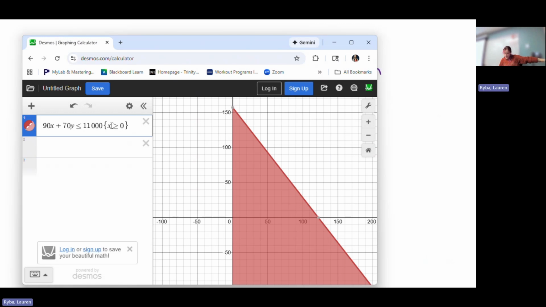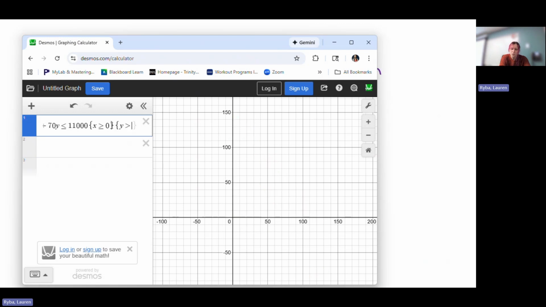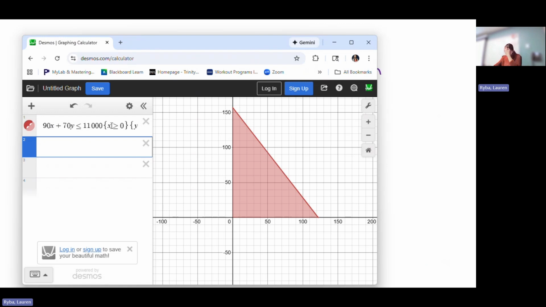Now I'm going to do the exact same thing for the y's. So open a curly bracket, y greater equal 0. And you'll see everything from there is gone. Now the only downside when you graph all of these together is I can't click and find where it's actually crossing the graph, because when you're making these in Pearson, you're going to have to plot those 2 points and you need to know where they are.